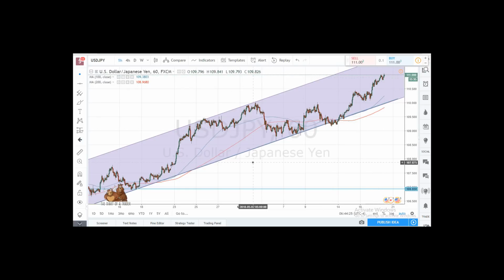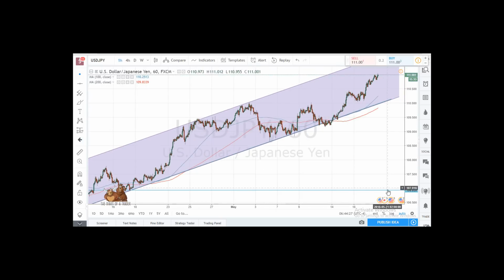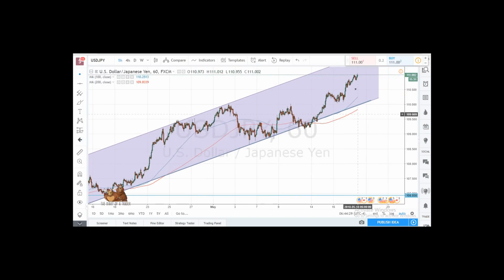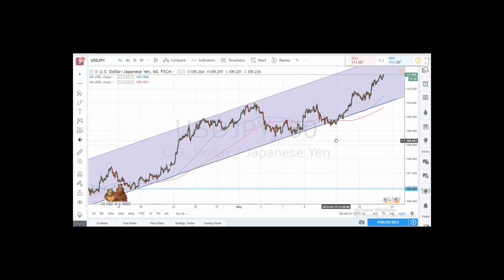So you will still be in the trade, and as we said, you entered in the 107 area, so it's a 400 pip move. What you do is say, as long as the price does not break this channel, and does not comfortably close below it or push to the downside, I'm going to be in this trade. Or, the same as in the euro dollar chart, as long as the price is not below both the 200 and 100 moving averages, I stay in.